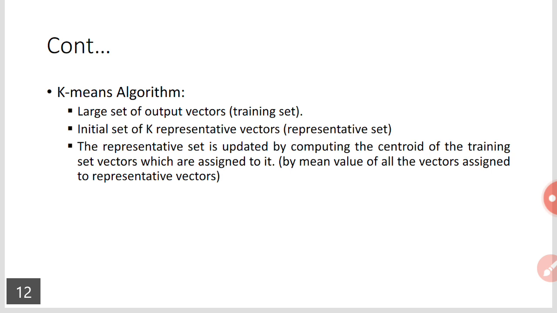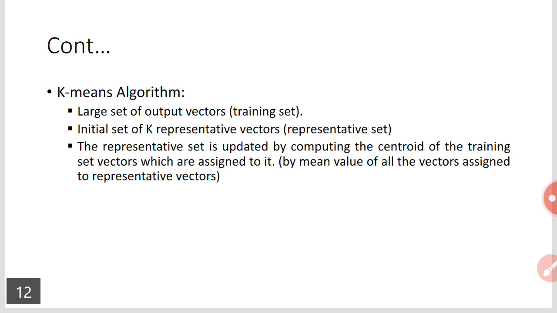Now we assign each element of the training set to the closest representative vector. After the elements are assigned, the representative vector is updated by computing the centroid of the training set vectors which are assigned to it.